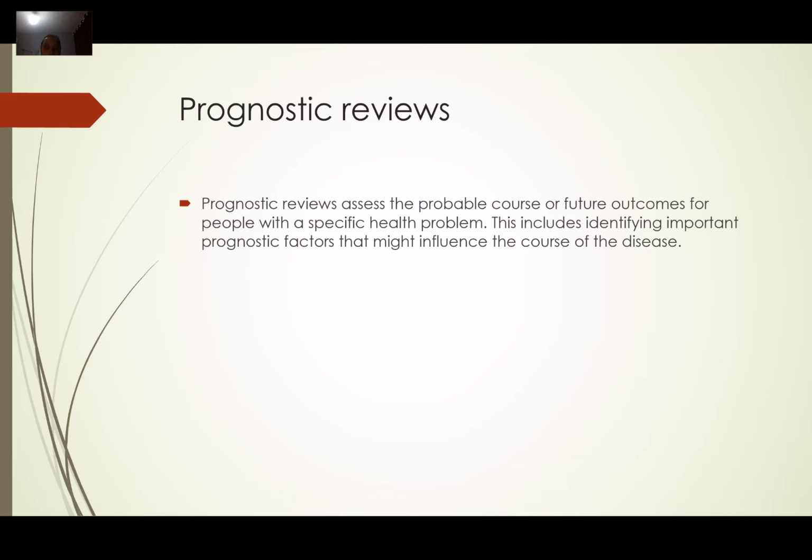Okay, so we have some course of disease or some outcome, and we want to prognosticate what will happen in the future. What will happen in the future for these people with that particular disease or particular health problem? We should prognosticate the outcome.